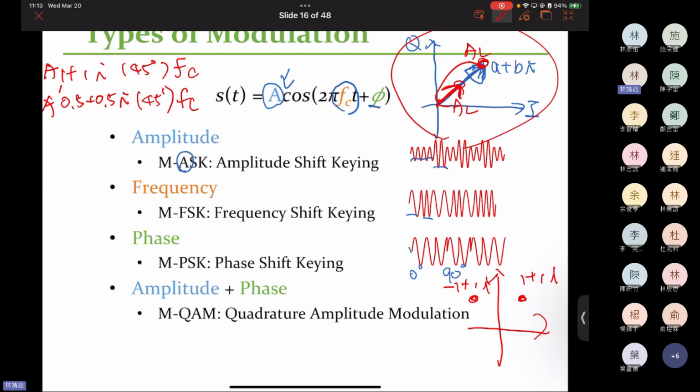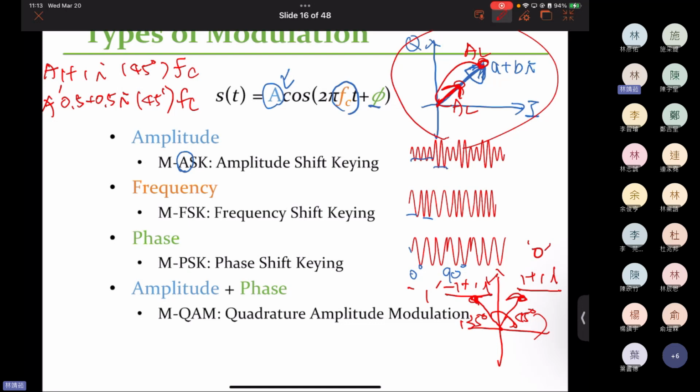Because the first signal is at 45 degrees and the second signal is at 135 degrees. So basically, it changes the phase. If you use this to represent 0 and this to represent 1, we say this is PSK.